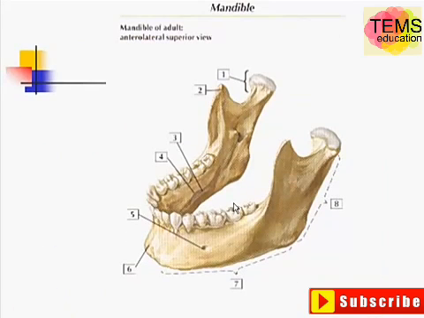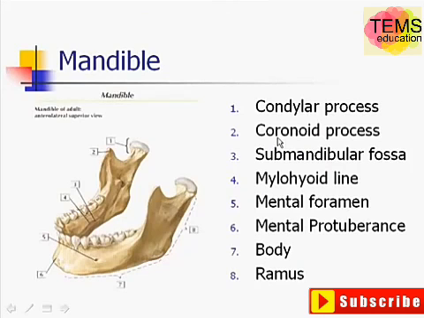If you take a look here, it gets a little confusing with 3 and 4 at exactly what they're looking for. But here's the lingula, here's the mandibular foramen, the mandibular canal. If you said this is the condyle, you're correct.